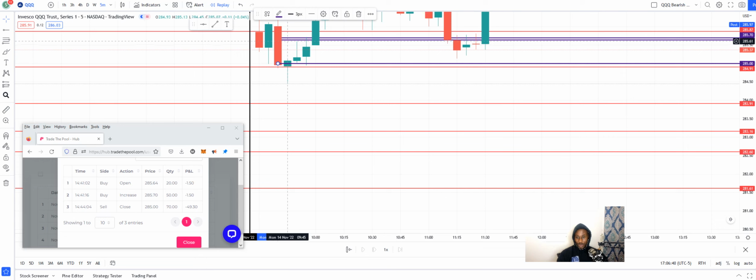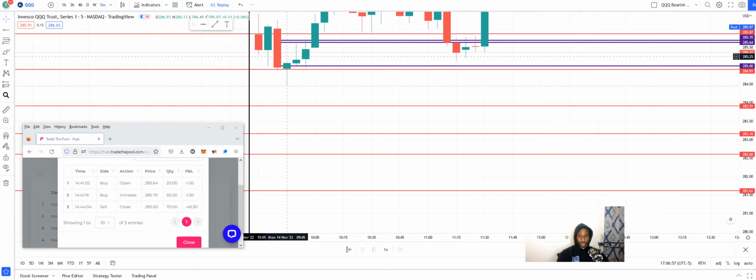But I basically entered for buys here, and then the market went totally against me. At that point, I was losing too much money and I just exited the trade. I lost $50 on that trade. So those are two opening trades that went bad.